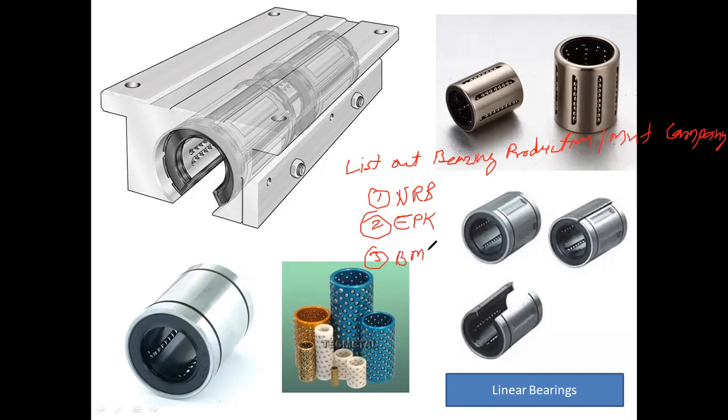So these are some names of the companies which make bearings. One more is there, ARB Bearings also. So these are some companies which produce bearings.